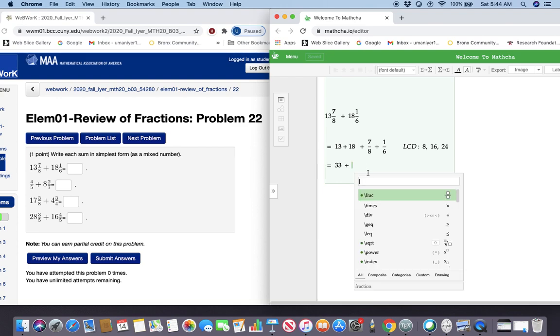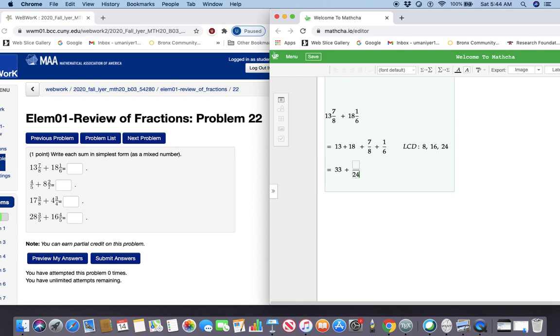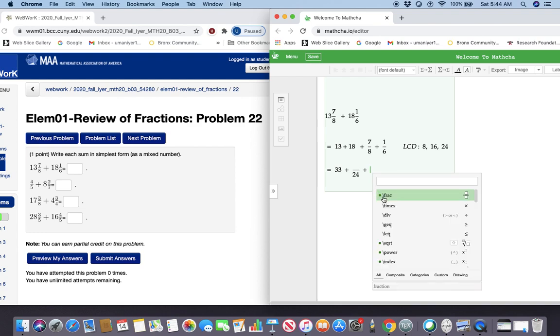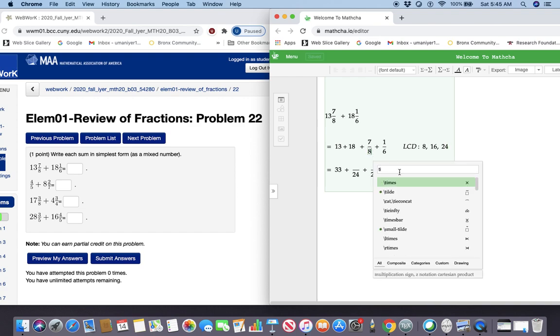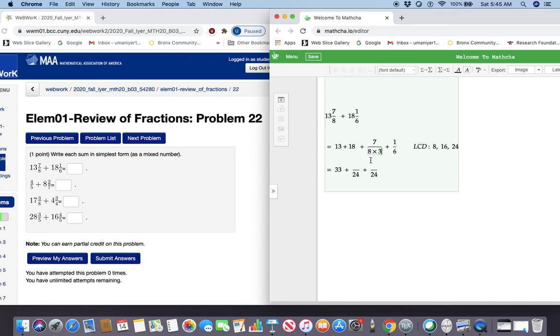So you are going to write both the fractions with 24 as the common denominator. How do I get from 8 to 24? I multiply 8 by 3, and I do the same to the numerator.